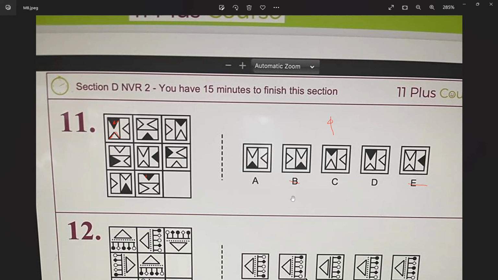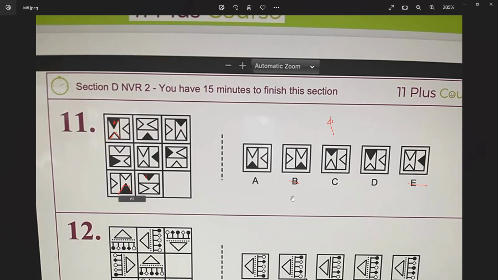After it rotates, the smaller one in the row that has two shapes will turn black, because already in the other one the bigger one turned black.